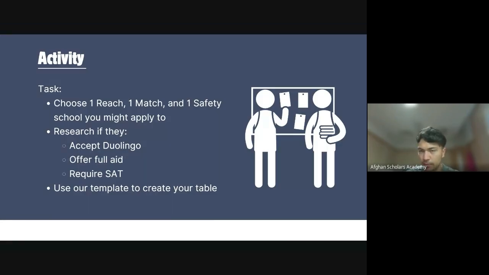So your deadline is September 10th, and you should submit a finalized list of the universities you want to submit your application to, and then we will provide feedback for that. Our next session will be on September 14th. Do you have any questions, Muslima?